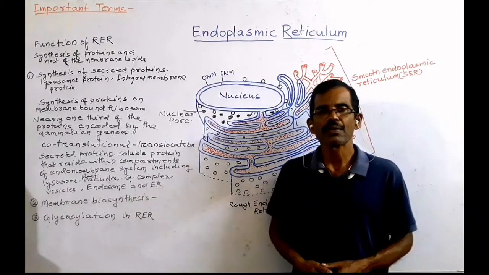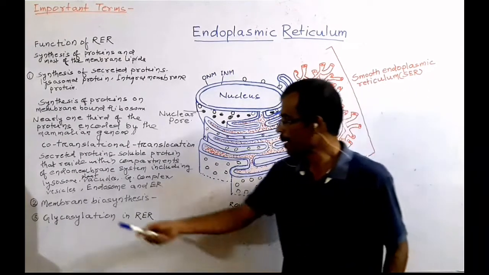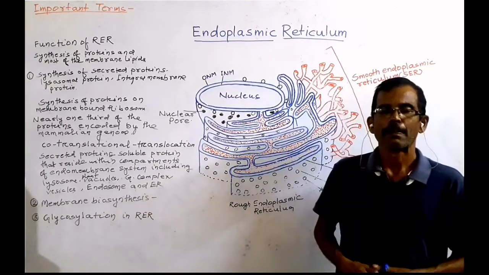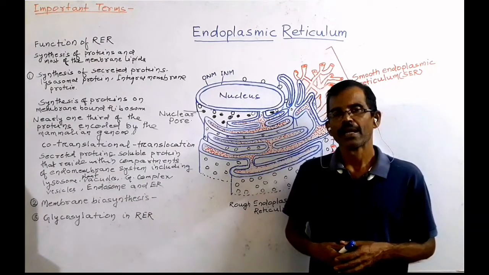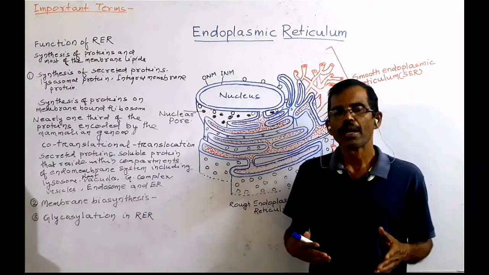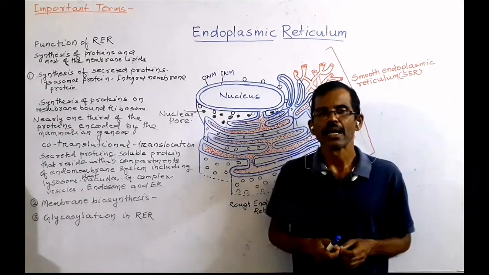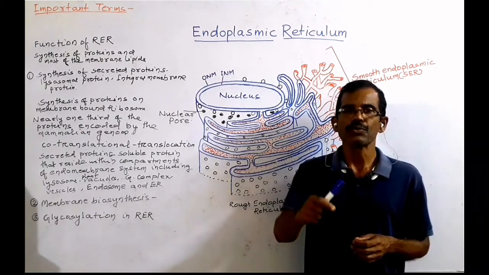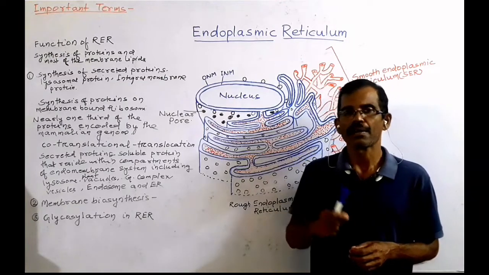Another important function of endoplasmic reticulum is membrane synthesis. Membranes do not arise de novo. A membrane grows as newly synthesized lipids and proteins are incorporated into the already existing membrane in the ER.